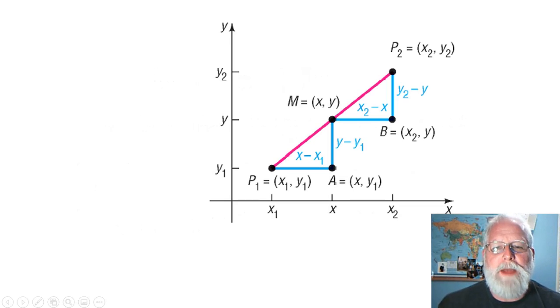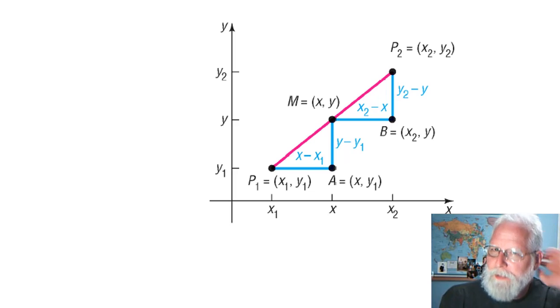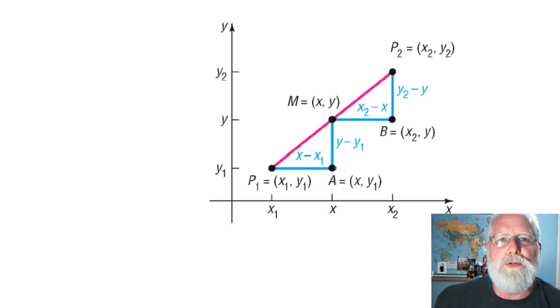So here we've got a line segment, and you can tell that it's been divided, that point M is the midpoint, and they've created two right triangles here, and they're obviously going to be the same size. And so you'll notice that x minus x1 is going to be equal to x2 minus x. That's the two bases of those two triangles.